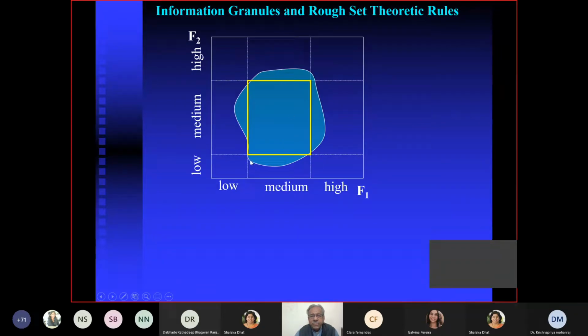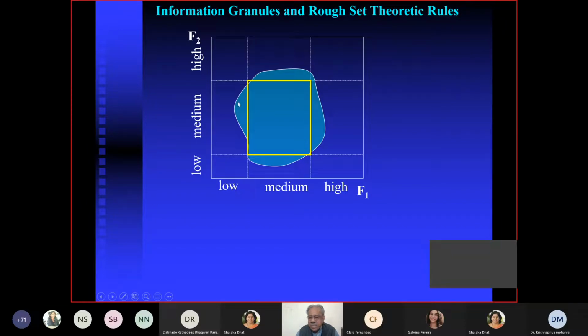This is a concept or region or class, whatever you believe in, and given this granulated domain, low, medium, high, which is arbitrary and you can choose another way, I can see that this region, whether it is labeled or unlabeled, that means whether you know its source of origin or not, rough sets have the capability of encoding it with the help of this rectangle.